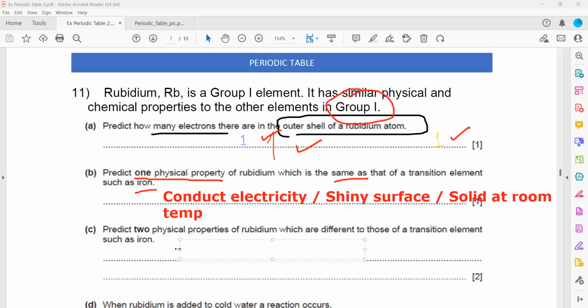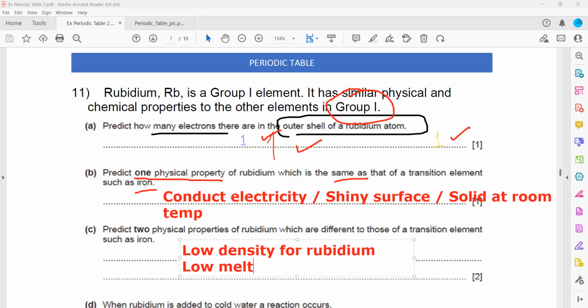So density, low density for rubidium compared to transition element, and low melting point for rubidium compared to other transition elements.